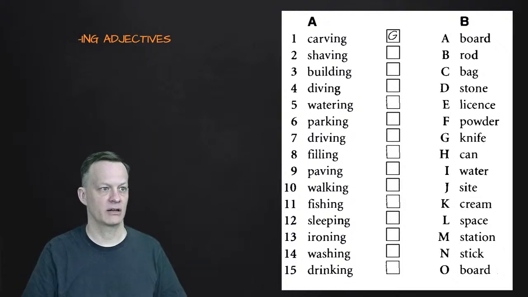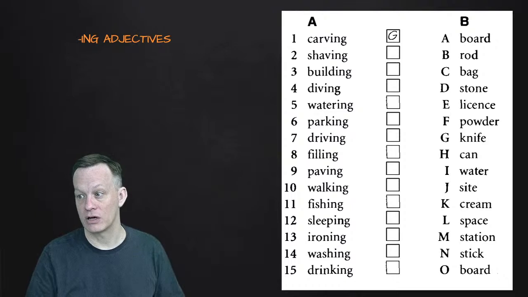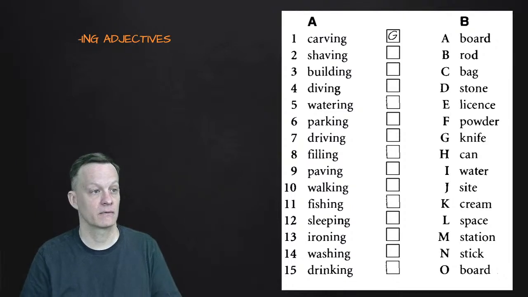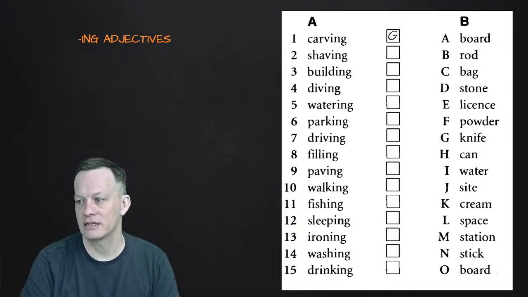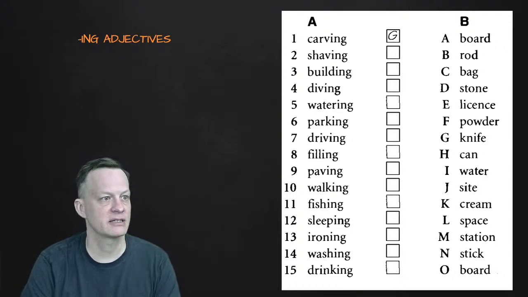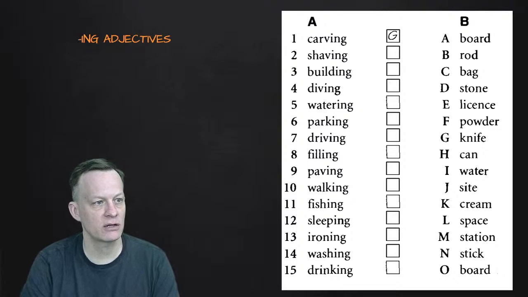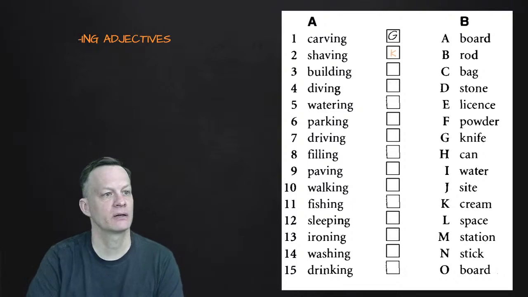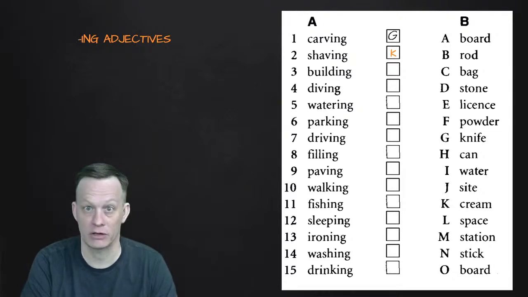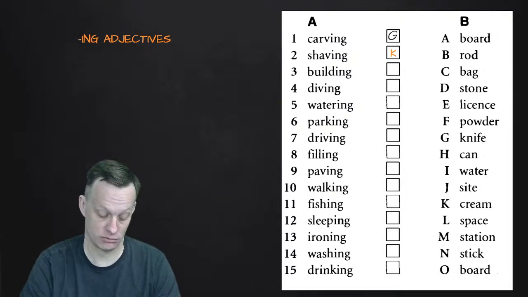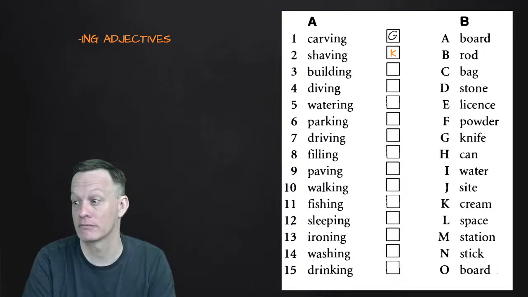To carve means to cut meat carefully. Santi has jumped right off, and Santi says shaving cream. Yeah, sure. What kind of cream is it? It's cream for shaving.